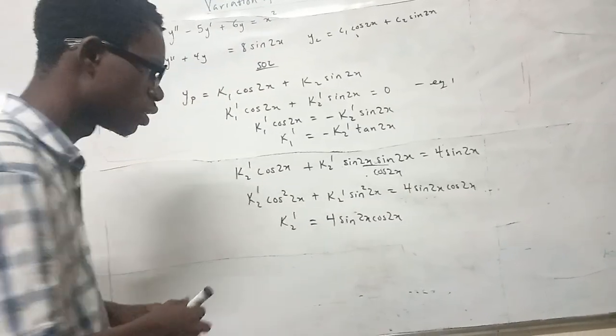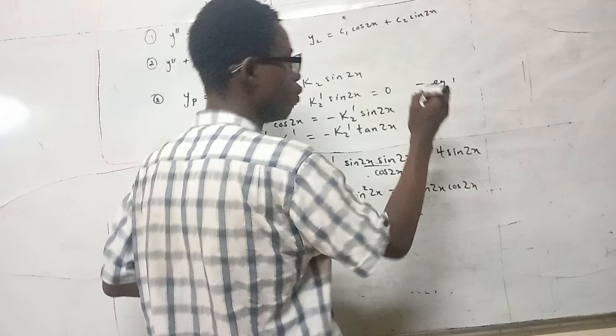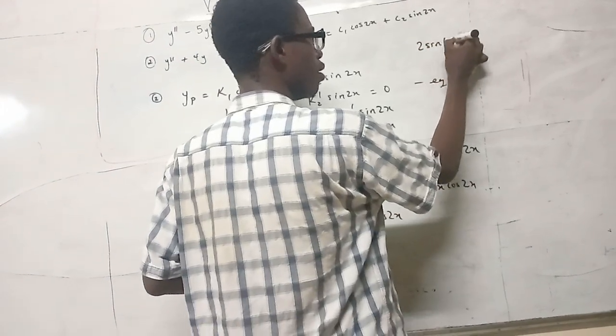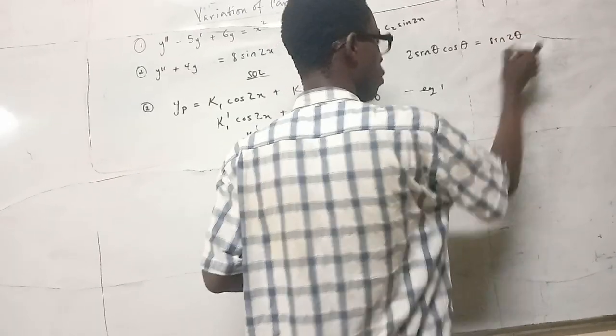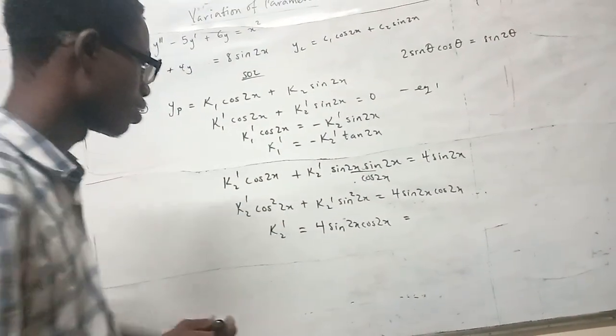Now looking at this, it looks like an identity. Don't forget, 2 sine theta cos theta is the same thing as sine 2 theta. But here we are taking our theta as 2x.